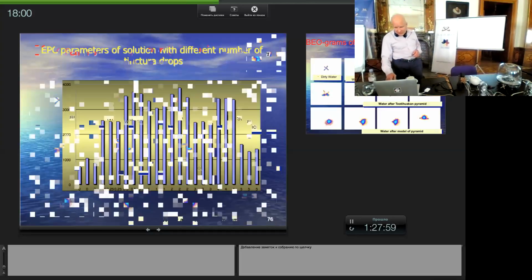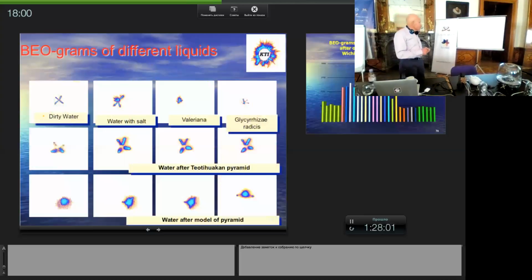Another very interesting moment I can show you. This is the signal from different homeopathic solutions, and this is the signal from pyramids. So we did a lot of experiments with pyramids, with water in particular, and we demonstrated that water changes under the influence of pyramids. I was able several times to climb the Teotihuacan pyramid in Mexico, then other pyramids. We kept water there, and you see the signal of water after the pyramid looks very similar to the signal of a homeopathic solution.